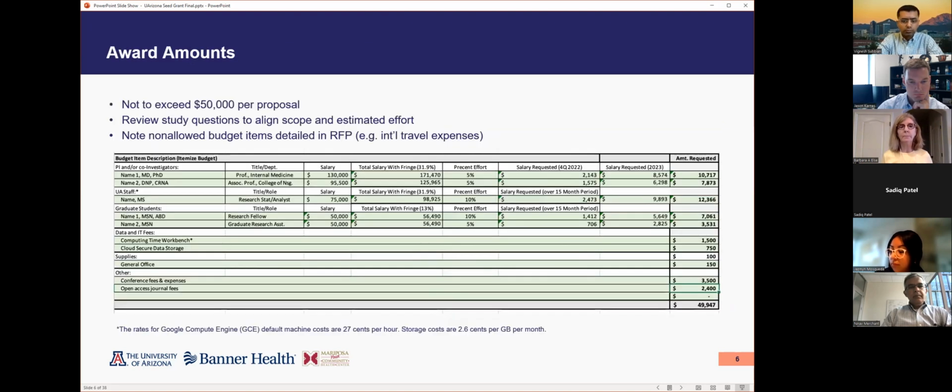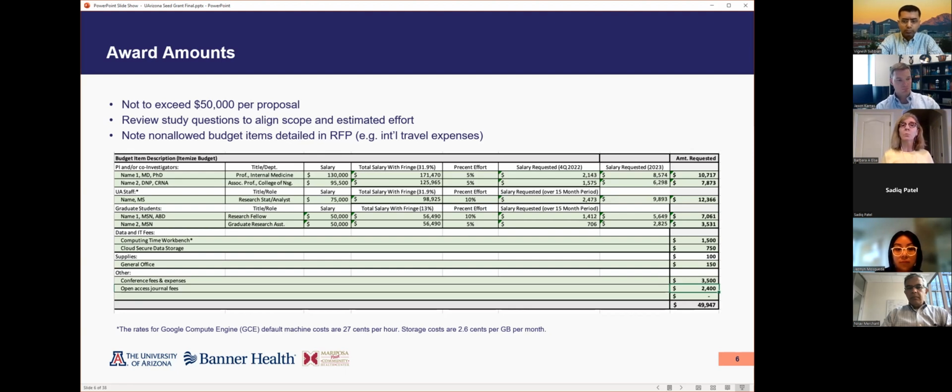Next slide. Quick word on the budget. It's not to exceed $50,000 per proposal. So in terms of budgeting the seed grant awards, the budgets for the seed grants will be integrated into the All of Us award here at the University of Arizona Banner, basically as a percentage of the parent award that we've received.